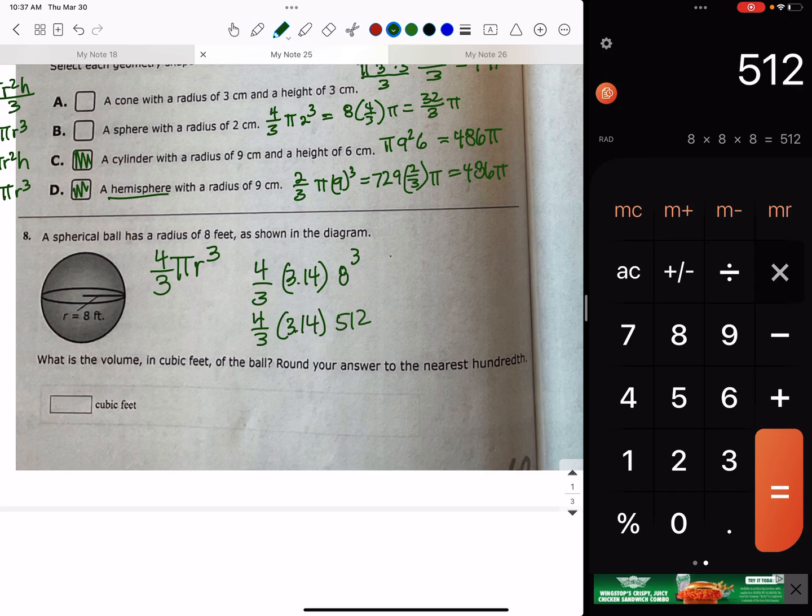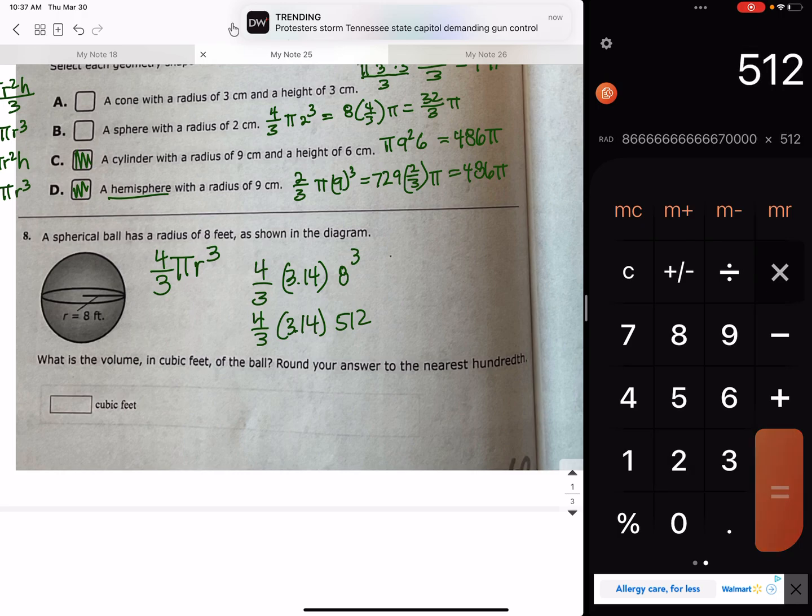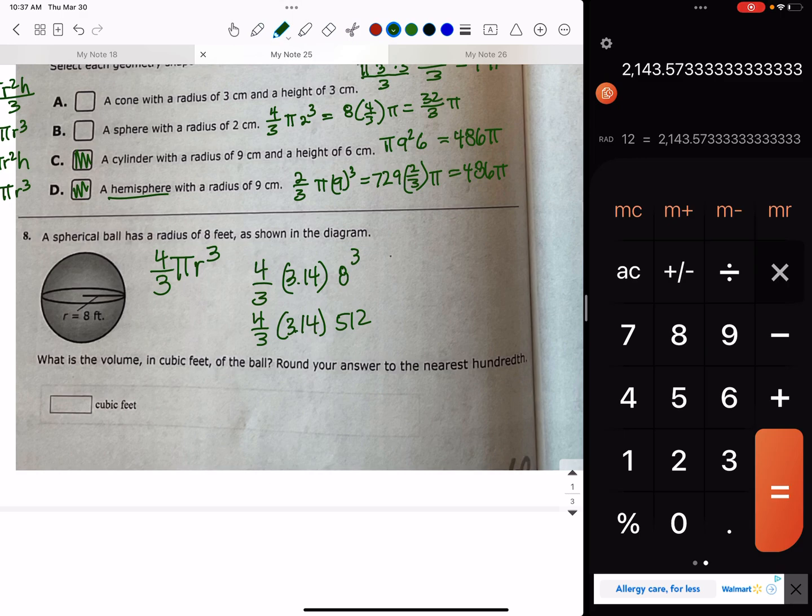All right, let's do this. Watch me do it on the calculator. 4 divided by 3 equals, times 3.14 equals, times 512 equals. Let's see. 2,143 point to the nearest hundredth, 57 cubic feet.